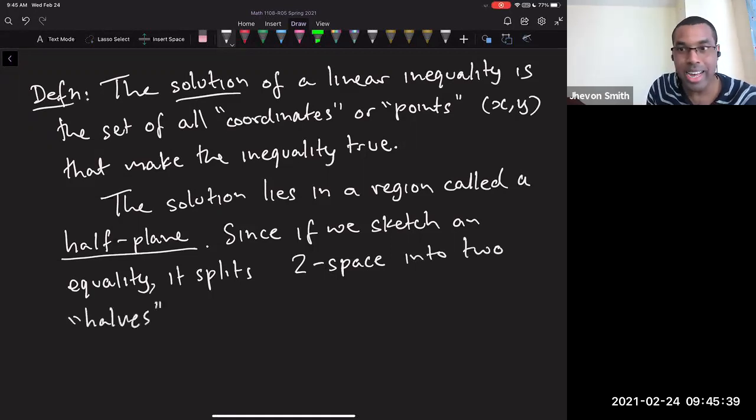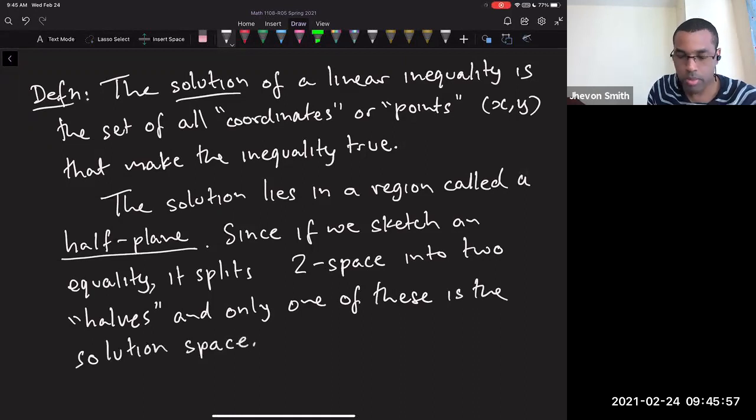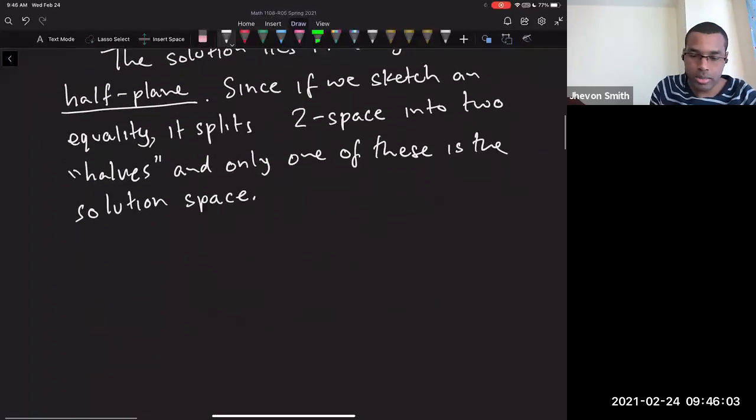They're infinite sized halves, but we consider them halves. And only one of these is the solution. I'll tell you guys about that a little bit later.